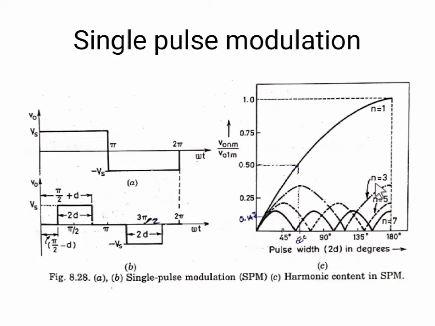This is for n equal to 2. Further, if we reduce the pulse width, it becomes this. Further reduced. So by reducing the pulse width, we can decrease the harmonics.